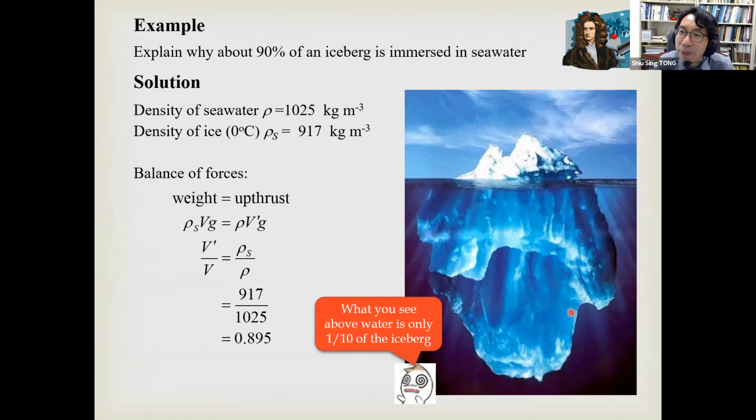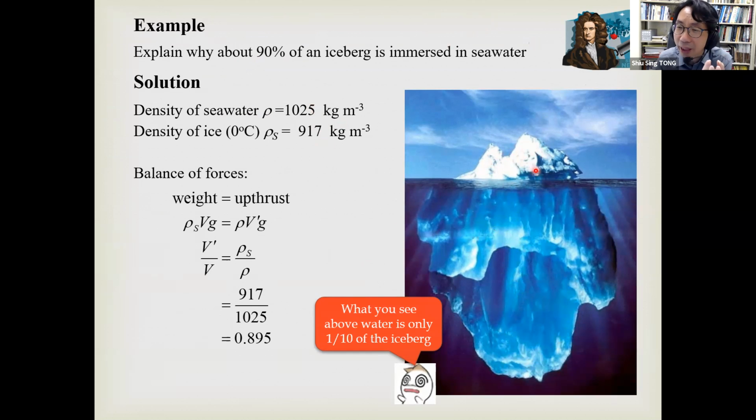Now this is an iceberg. Okay, this is not real. It's a drawing only, but it shows to you that actually the iceberg is very large, and most of the iceberg is actually immersed in water. You cannot see it. Only a small part of the iceberg is above water.